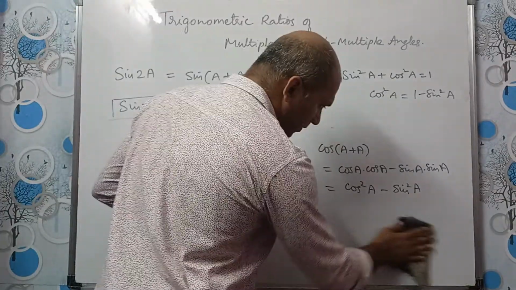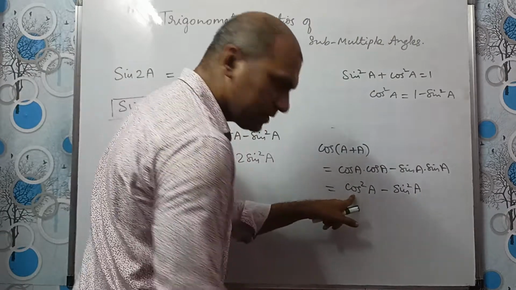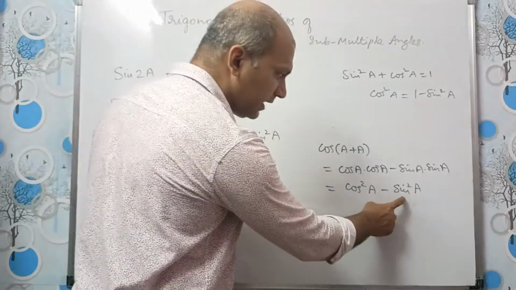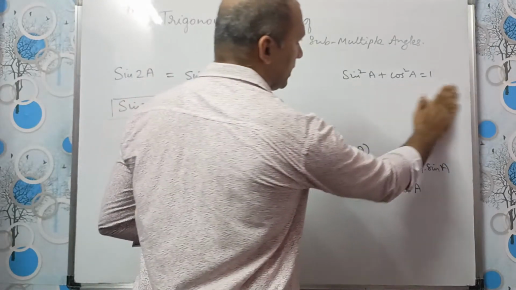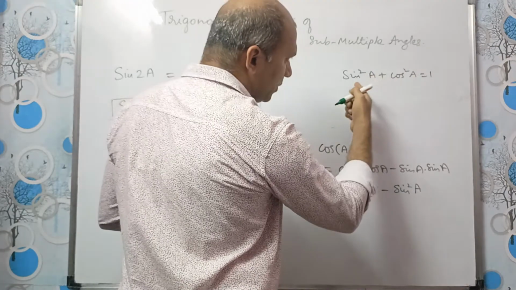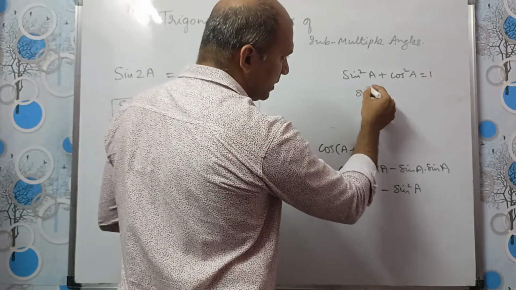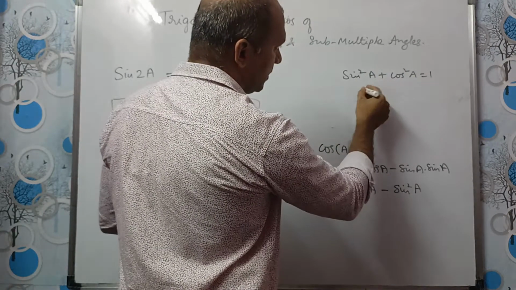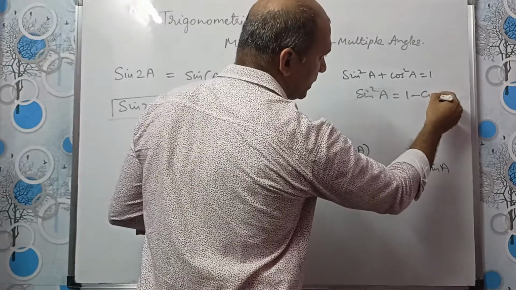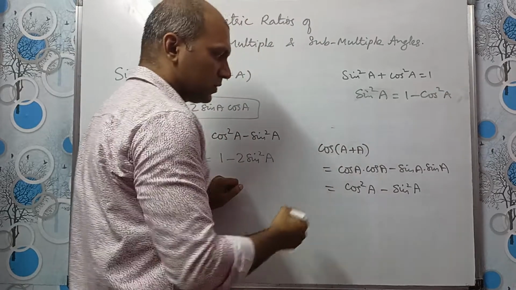Now, we changed this cos, right? Can we change sine also? Yes. Can we write sine in terms of cos? Of course we can. See, again, see this identity. This sin square A will be equal to, if we send cos square on the other side, 1 minus cos square, right?